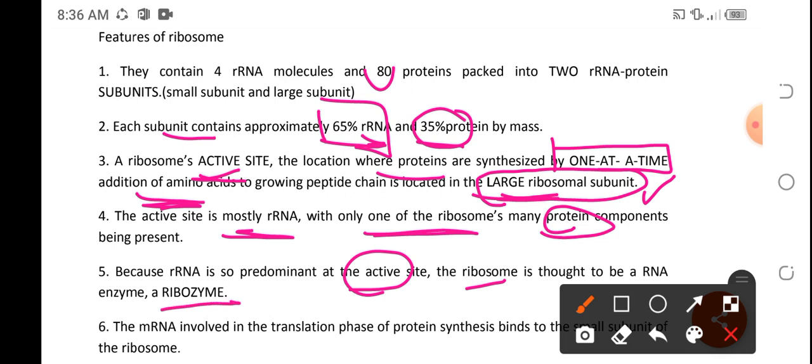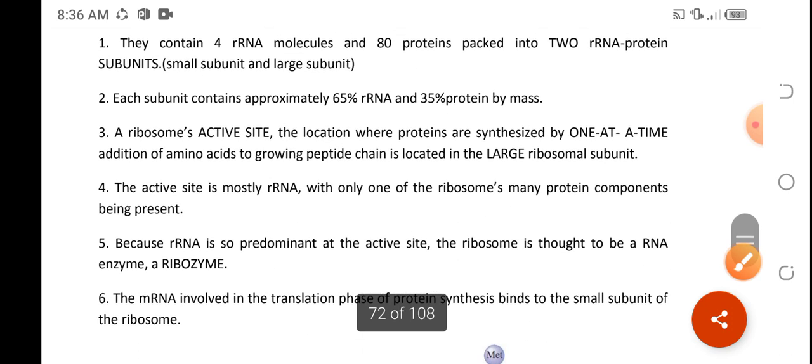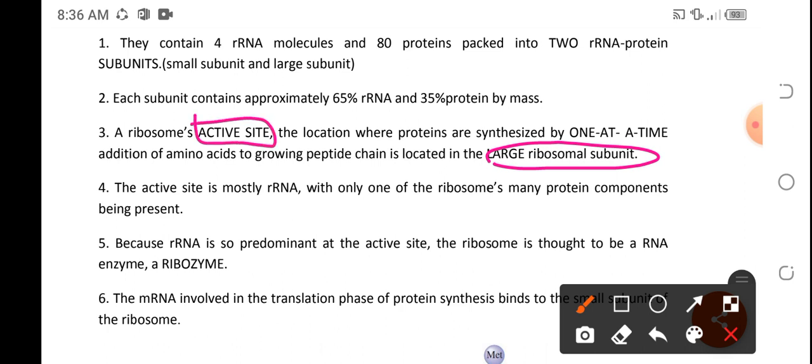Okay, so because of the percentage of rRNA that could be found in that large ribosomal subunit. Okay, and then we also have the small subunit. Kung kanina, ang large ribosomal subunit is the active site for these growing amino acids to be a protein.